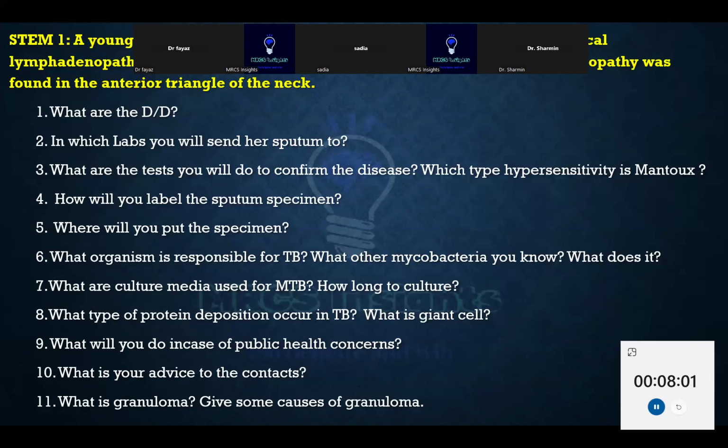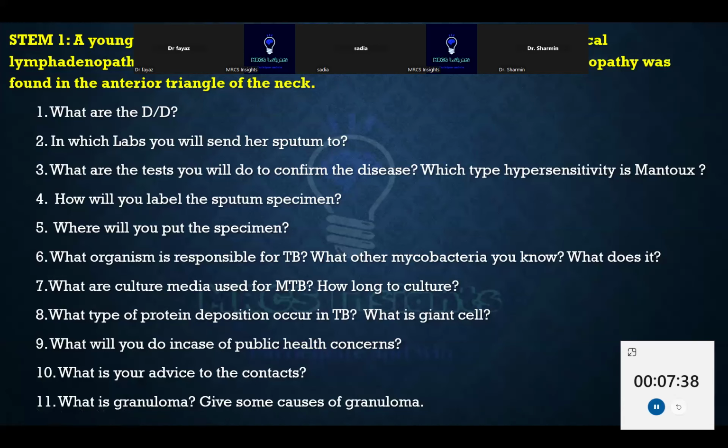There is also the QuantiFERON interferon gamma test, and PCR that helps to differentiate between various species of TB. And for lymphadenopathy, there is fine needle aspiration cytology.